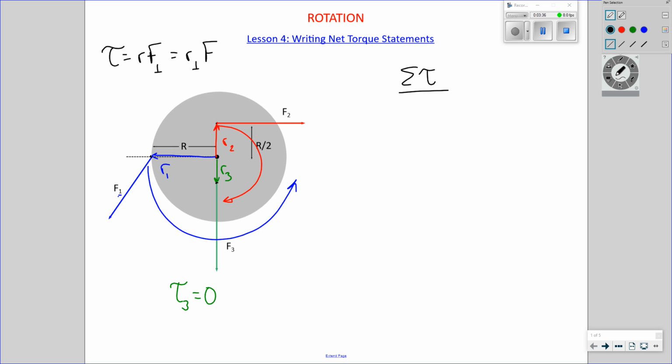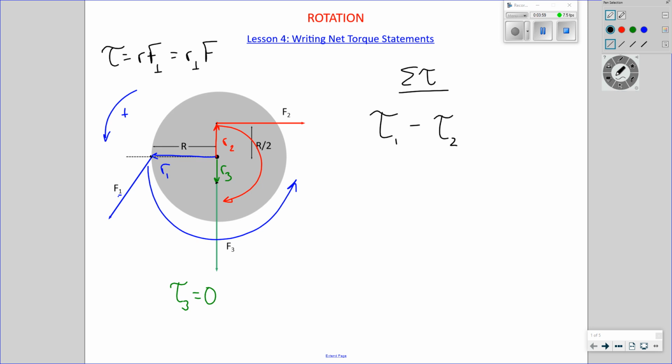I think the standard definition is that counterclockwise is the positive angular direction. It doesn't matter which one you choose, but if we choose that as our positive direction, I'm going to say there's a torque created by F1 and there's a torque created by F2.